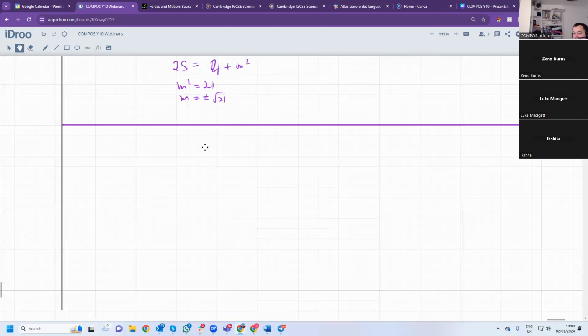Like mass is not a vector because it doesn't have a direction. Vectors have components, a horizontal and a vertical component, the x component, the y component, whatever you name it.